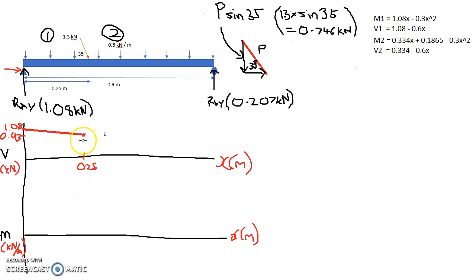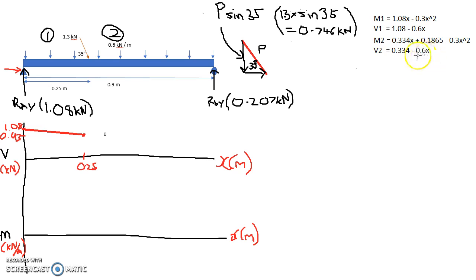Now, intuitively, you should know that this point load is going to be dropping down the value of the shear force by the value of that point load. We will get to see that in V2, because we've already done our V1 section for the shear force. So let's continue the shear force diagram.